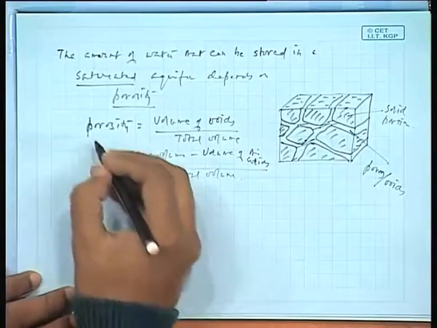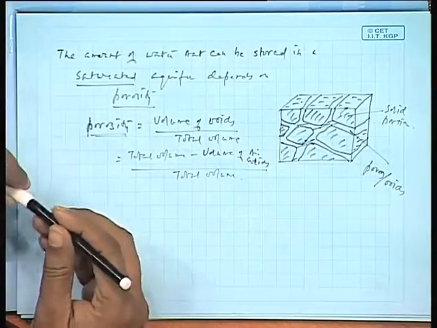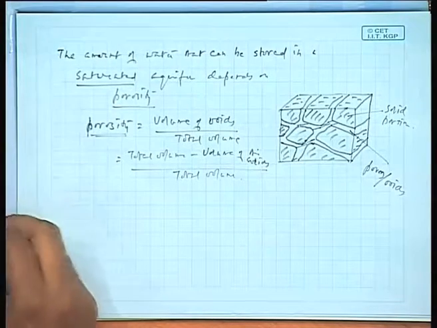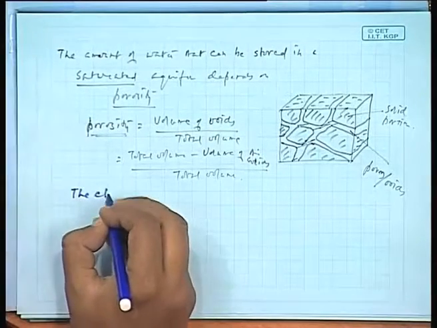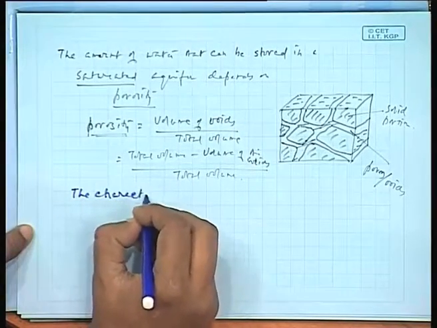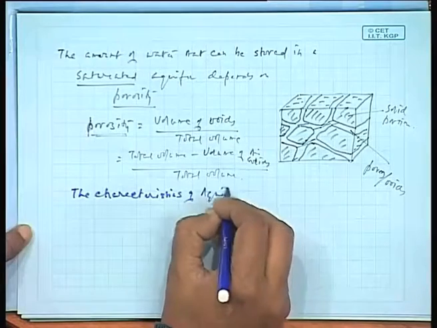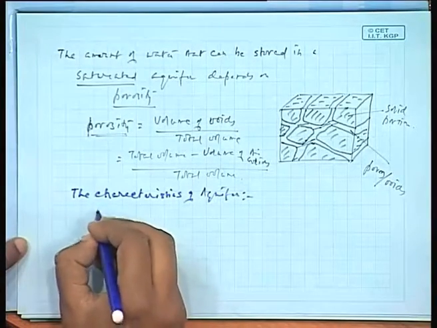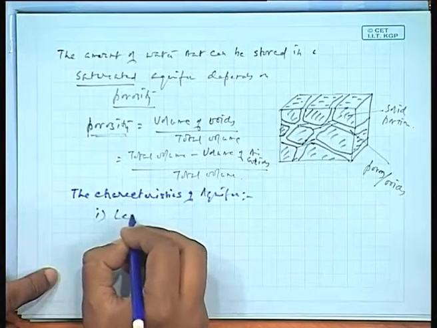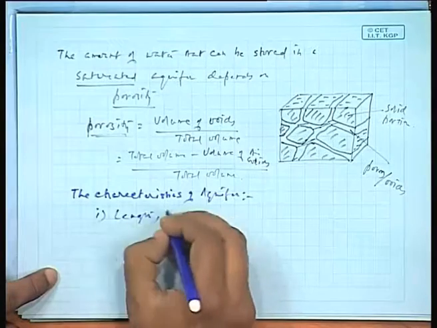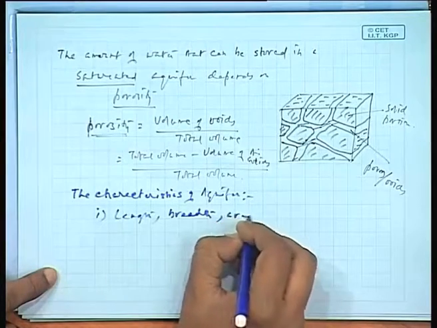This is one characteristic that is important for all these aquifers. Other characteristics of an aquifer are length, breadth, area and volume.